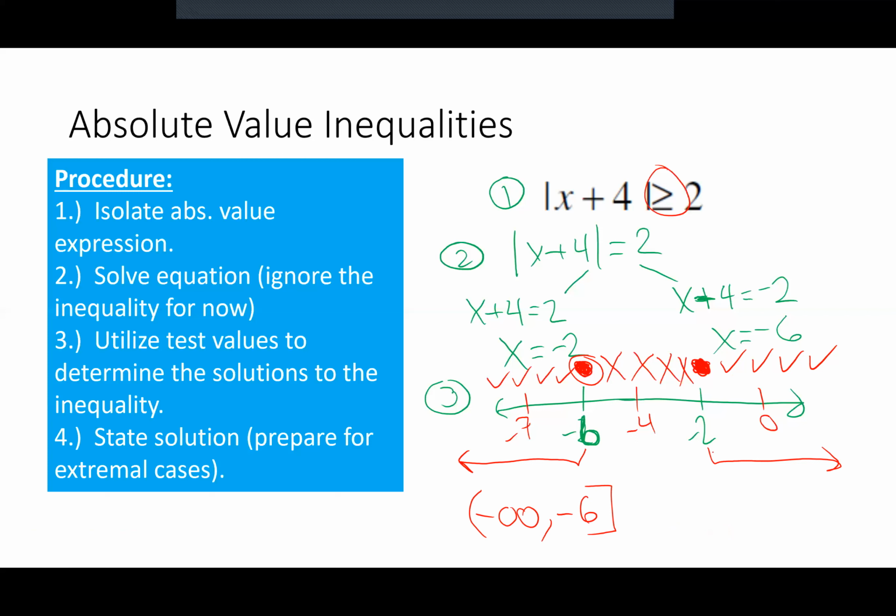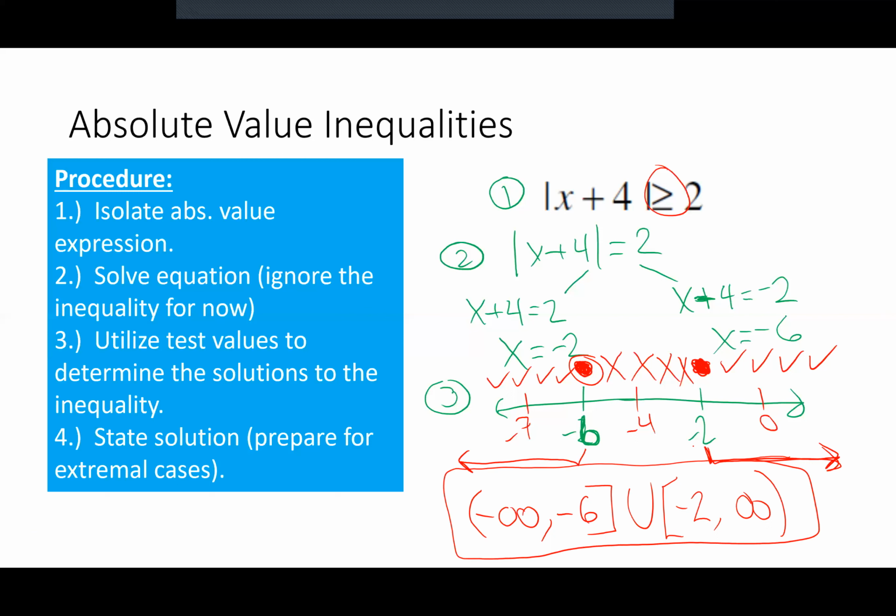And then everybody from negative 2 to the right, including negative 2. So I'm going to include negative 2 and everybody to the right. Put this together with a union. And that's our solution.